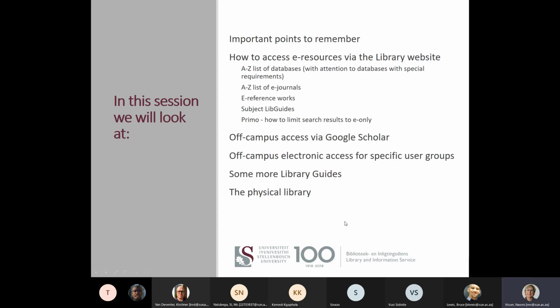I will also pay attention to off-campus access via Google Scholar, off-campus electronic access for specific user groups, some more library guides that may be of help, and then also some attention to the physical library. Even though you may be off-campus, you may at some stage need the physical library, and I will say something about that as well.